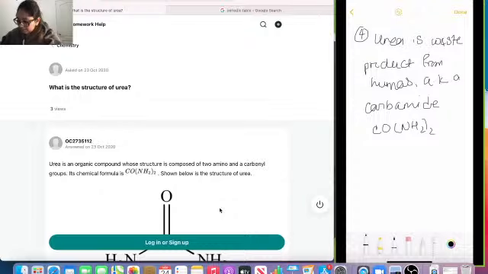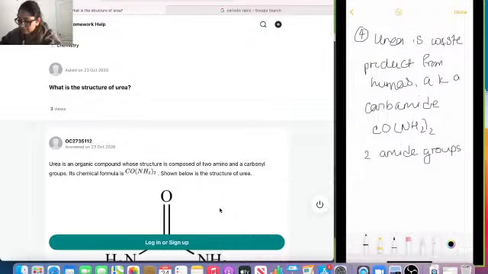This has an amide group. As you can see, it has 2 amide groups.